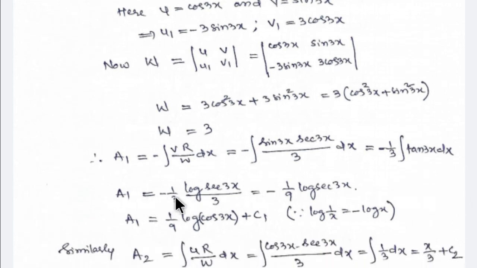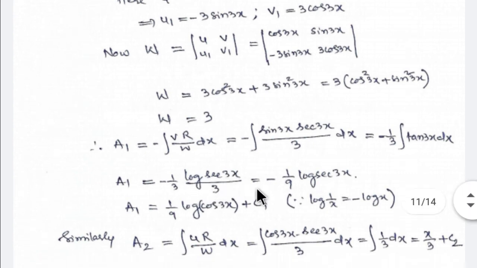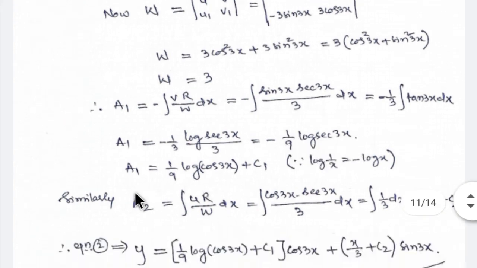So a1 equals minus 1 by 3 times the integration of tan 3x, which is log sec 3x divided by 3, the coefficient of x. Whatever the coefficient of x, you divide by it. After simplifying, you get minus 1 by 9 log sec 3x. This is the a1 value.